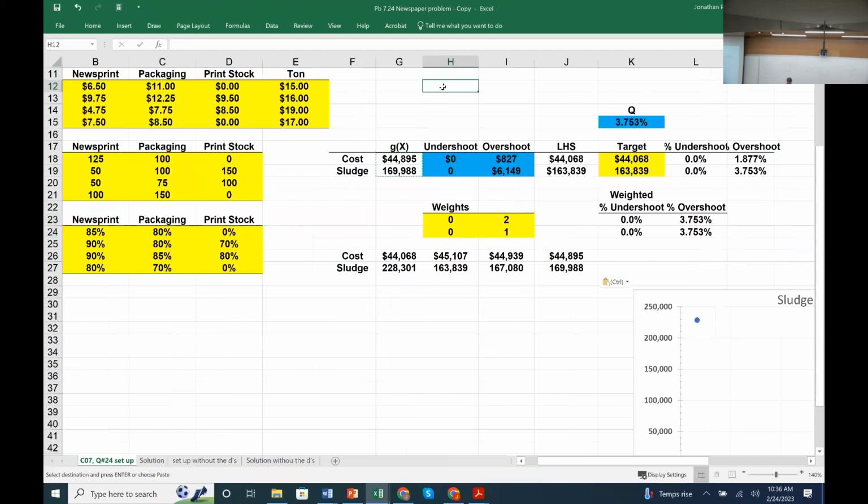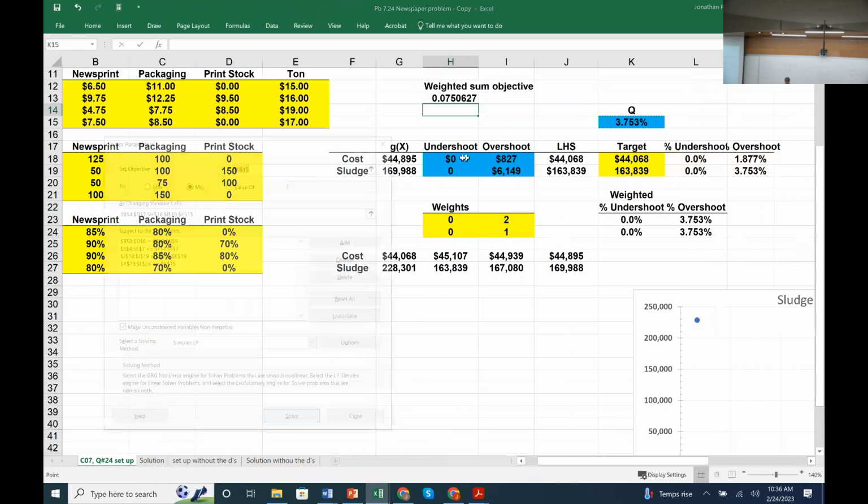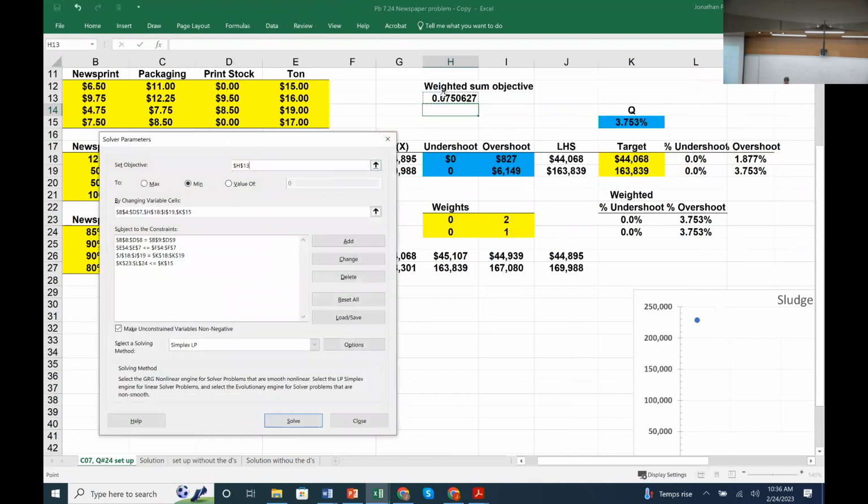So here is the weighted sum objective. It's the sum product of weights and percent overshoots. And now I just point Solver to that.